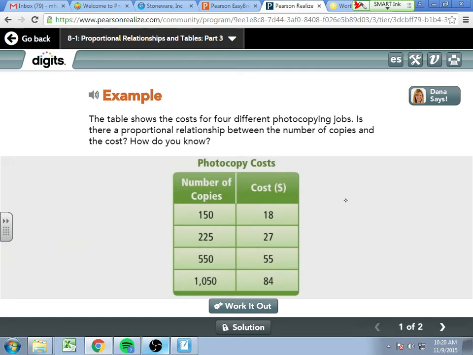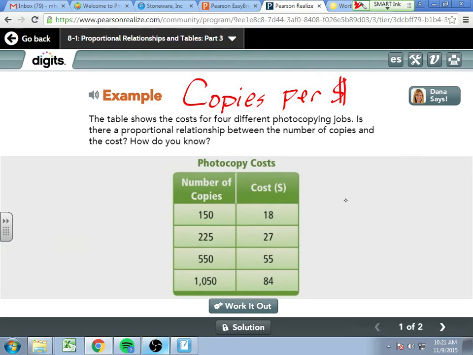In almost any situation that involves cost and quantity of something, you want to do dollars per whatever it is. But here if I do dollars per copy, that's going to be like small number divided by really big number. So we could turn it around and ask, what is the copies per dollar in each situation?